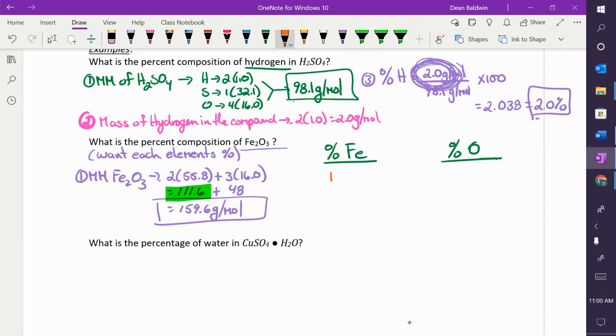So we go 111.6 grams divided by the total mass, 159.6 grams, times 100. How many sig figs should our answer have? 4. That gives us 69.92% iron.